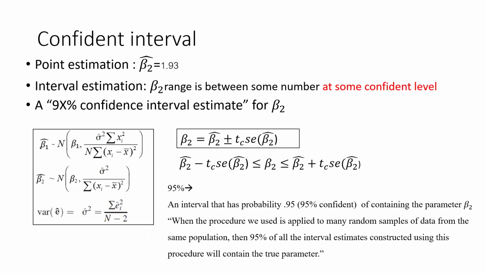From previous data, we got a point estimate equal to 1.93, but we don't know whether this number is correct or incorrect. Then we try to make the answer an interval. After we estimate the slope to be 1.93, what about the true value? The true value may range between some number and some number, a confidence interval.